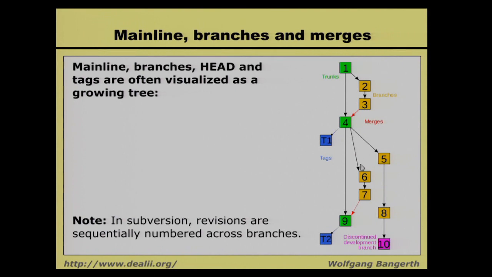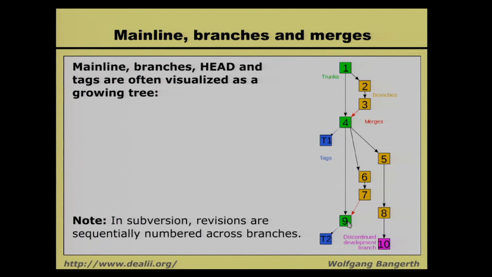Somebody else creates a third branch, commits something. The first person goes back, commits something else, but then decides this actually didn't work. So sometimes you just discontinue branches. You just abandon them. They continue to exist in the repository. They were just never merged back.